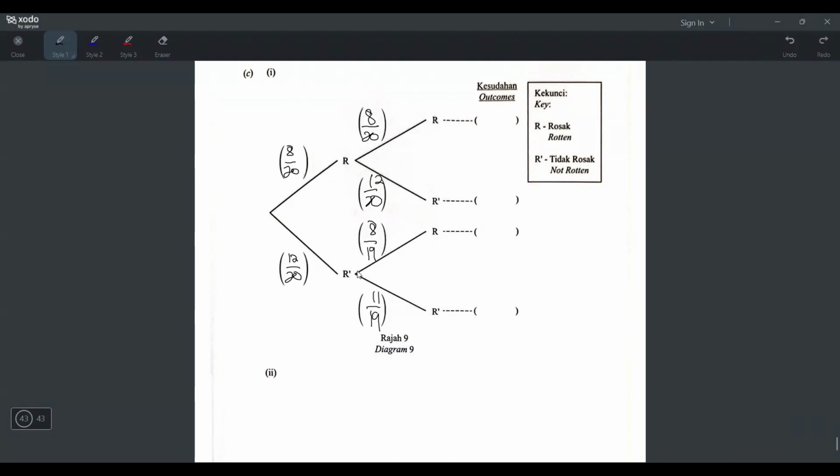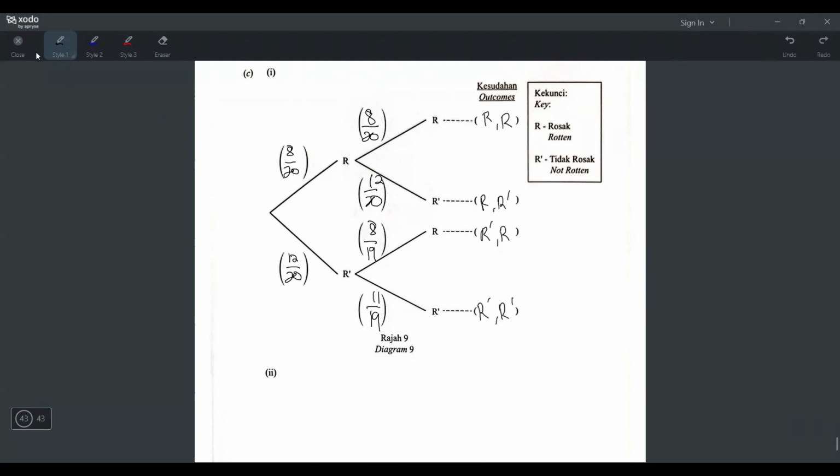Because it's not returned. If it's not put back, the number of guavas has to be reduced by one. Since the first selection was also not rotten, the second selection not rotten is one less. Okay, so the outcomes here will be: rotten, rotten; rotten followed by not rotten; not rotten followed by rotten; or not rotten, not rotten.